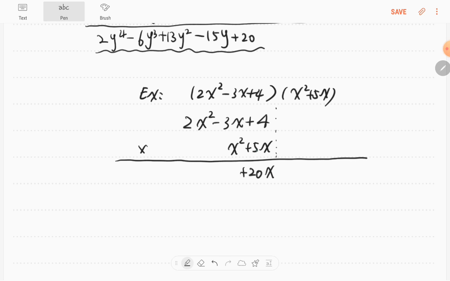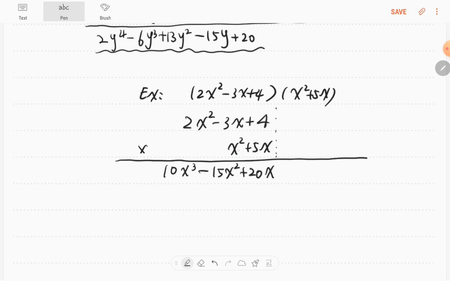Second, 5x times negative 3x, we will get negative 15x times x, we will get x squared. So the last term, we still have positive, we will get positive 10x squared x, so we will have x third. So we finish the first row, right?